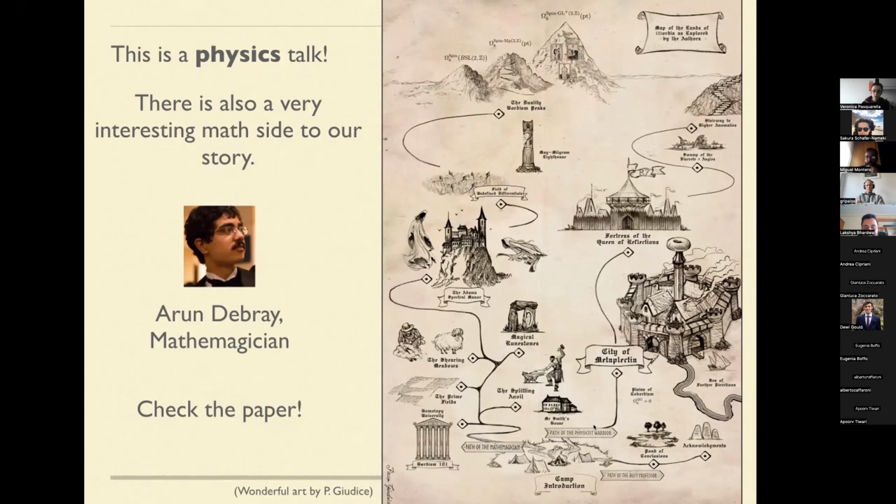And today we're going to take the path of the physicist, but there's a whole other story with all the complicated mathematical details that we need to compute these cobordism groups, which would not have been possible without Arun. I really want to give a shout out here to Arun, our mathematician. He's absolutely amazing, and he's always interested in working on cobordism in physics. So it's just a great guy if you want to contact him at some point.